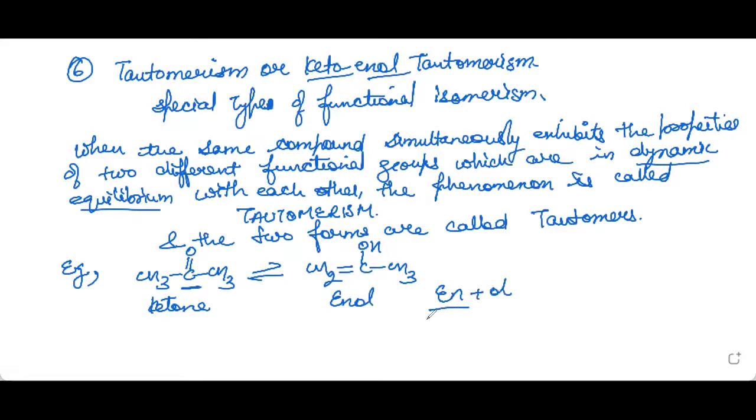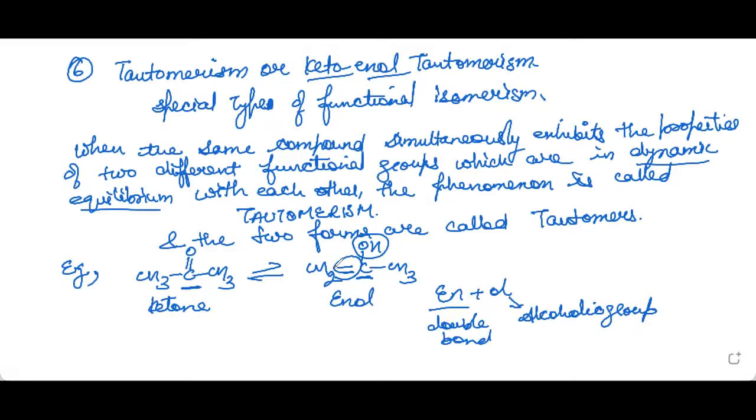Ene comes from the double bond and ol comes from the alcoholic group. So in the same molecule we have a carbon-carbon double bond, and the carbon involved in the double bond also carries an alcoholic group. So this is the enol form.